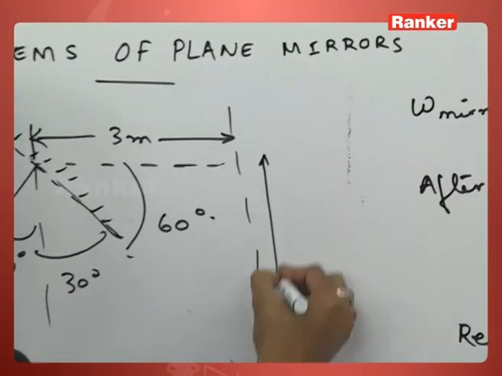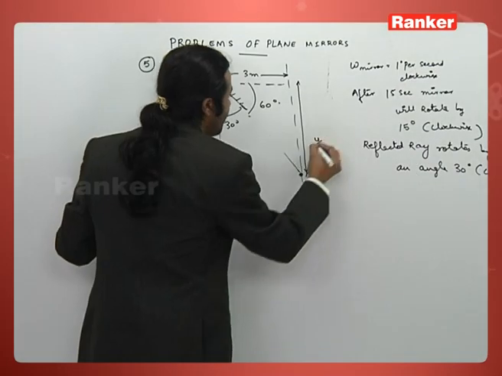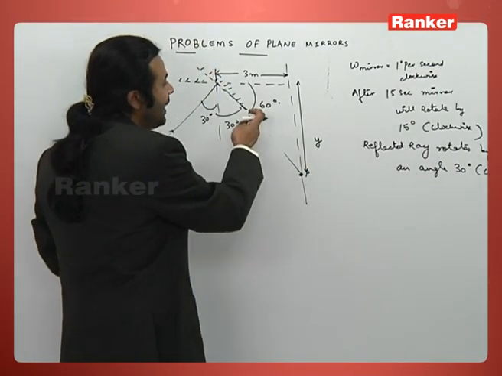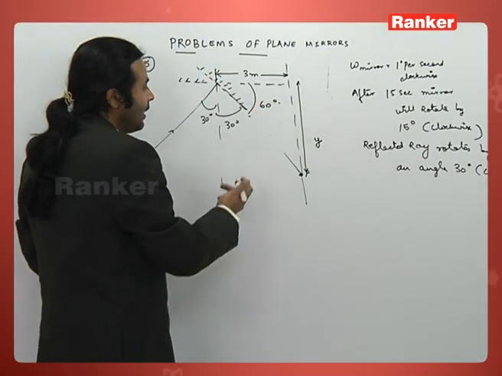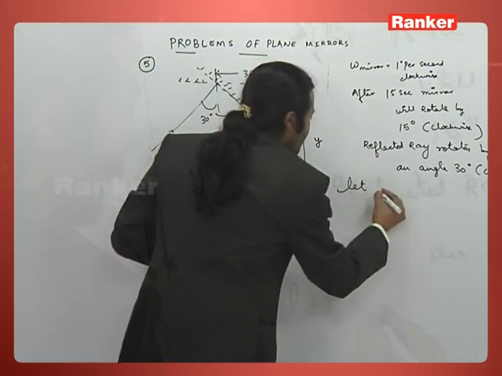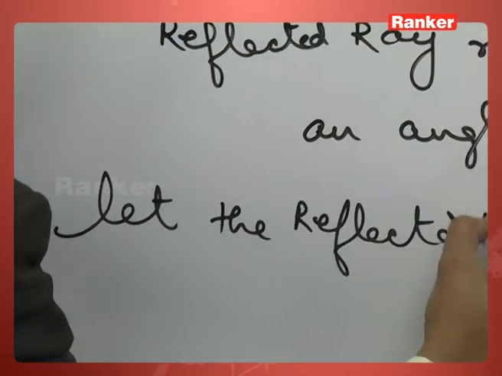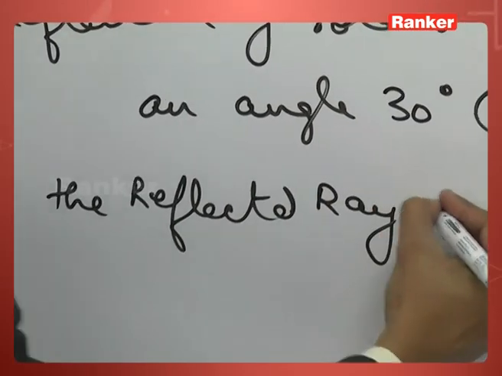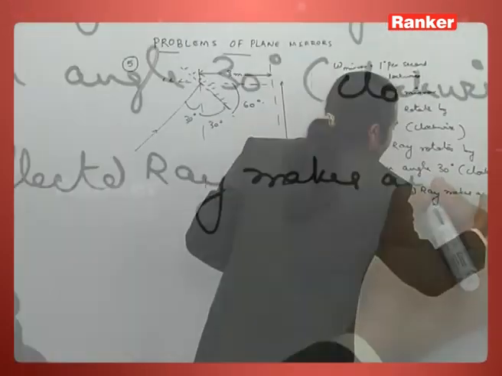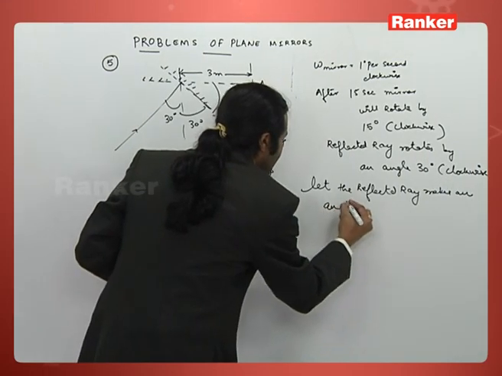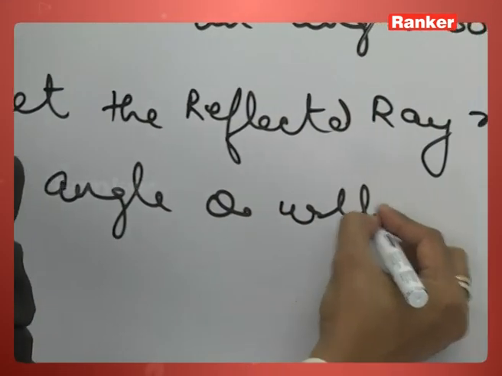Calculus means let this distance be y, and we know finally it is making an angle of 60 degrees. Let the reflected ray make an angle theta with the horizontal.